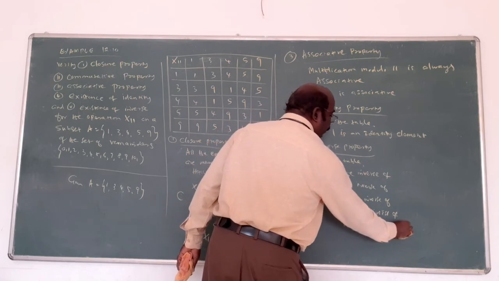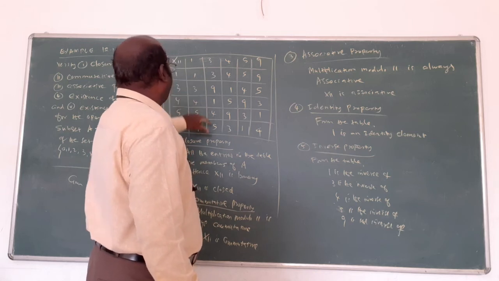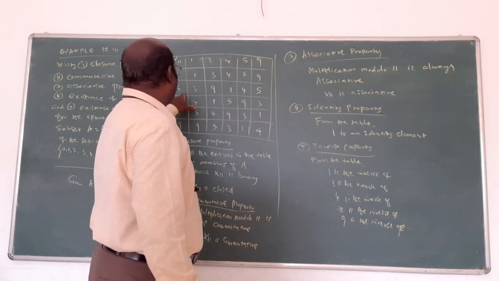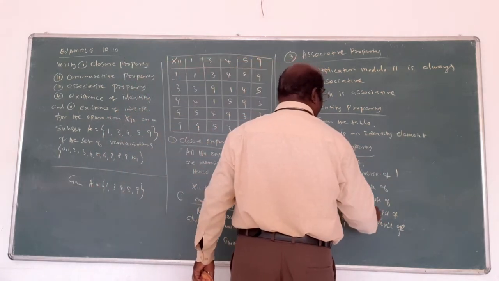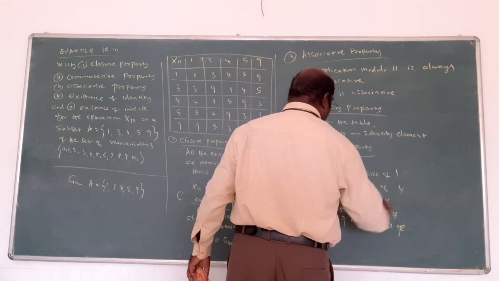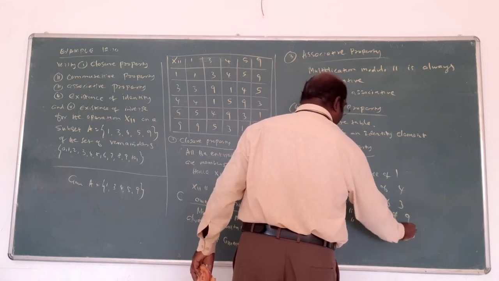You will find one. What I told you? One is the inverse of one, three is the inverse of four, four is the inverse of three, five is the inverse of nine, nine is the inverse of five.